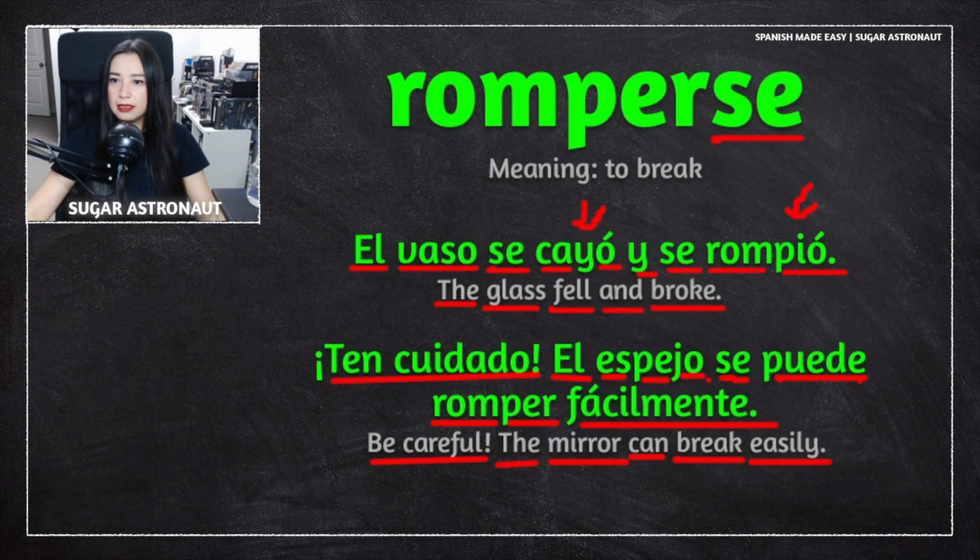Actually, let me tell you if romper is regular or irregular. Okay, so the verb romper is irregular, but it's not too irregular. There's just a few things, specifically when you use the perfect mood in Spanish, you will see some changes there.